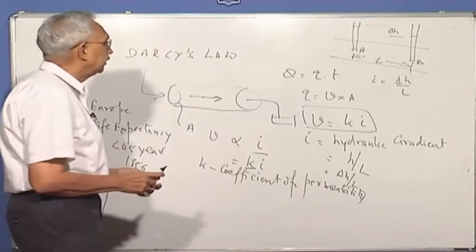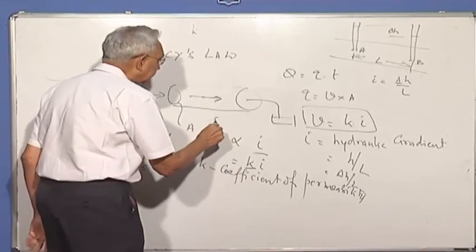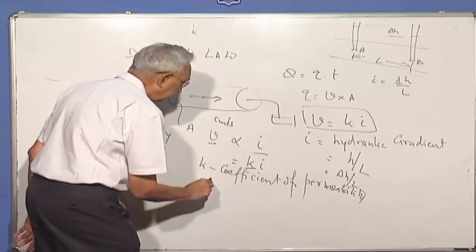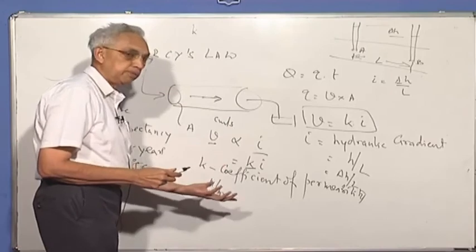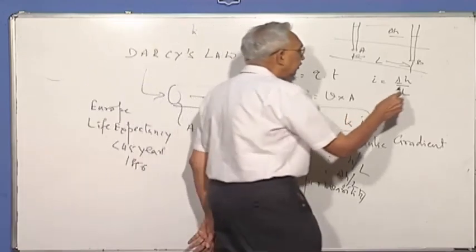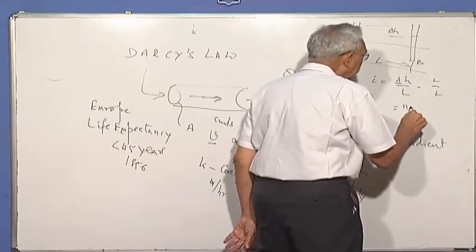Please remember, what are the units of K? V is the velocity of flow, so it is some centimeters per second, meters per hour, etc. It's a distance per unit time. What are the units of gradient? This is length divided by length, so it's non-dimensional.